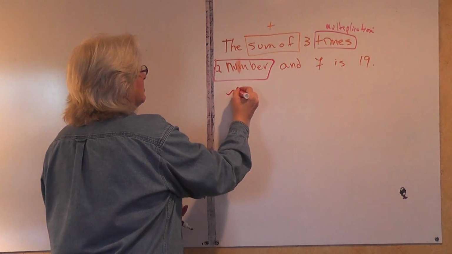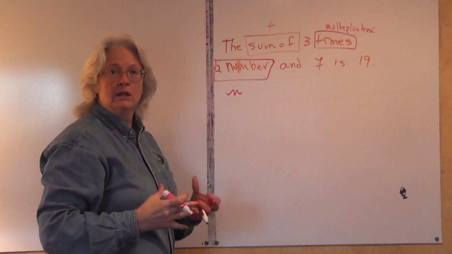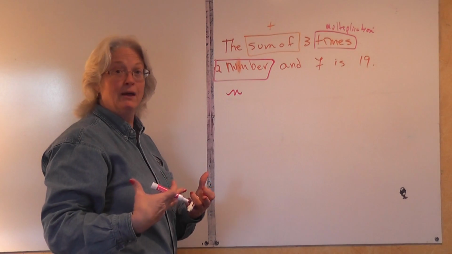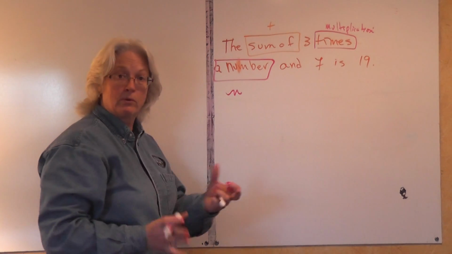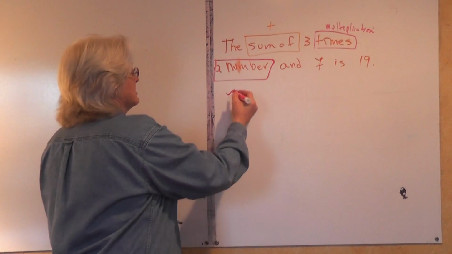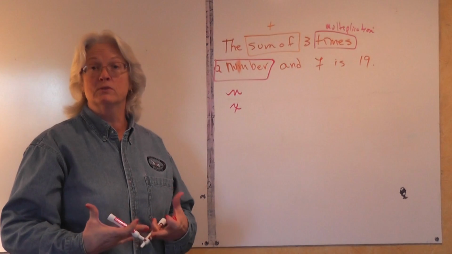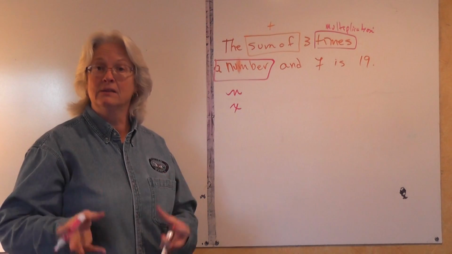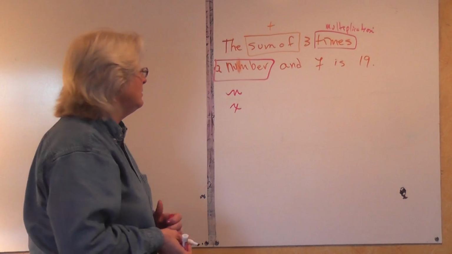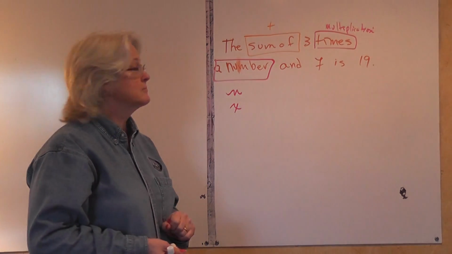So perhaps your book will tell you that we're going to let the letter N represent the number that we're trying to figure out. Sometimes people are just used to using X for it. You can use any letter at all that you would like to use to represent this unknown.